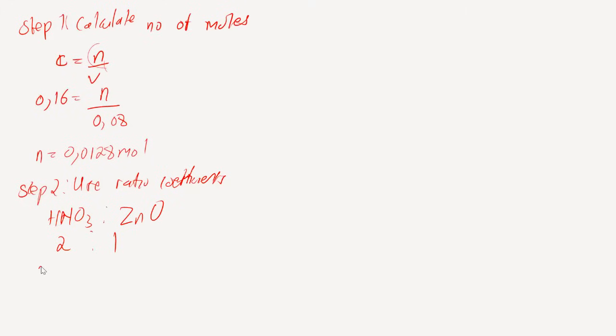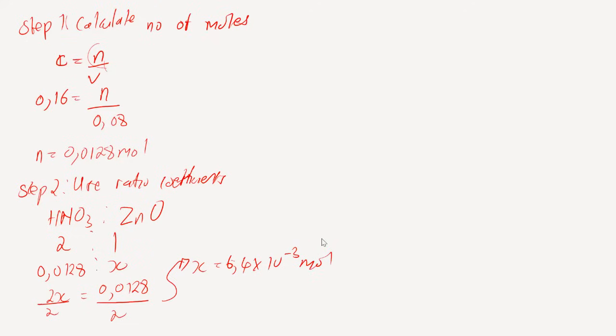The number of moles for nitric acid is 0.0128, and we have X for zinc oxide. If we cross multiply, 2X equals 0.0128. Then we divide both sides by 2, so X becomes 6.4 times 10 to the exponent of -3 mol. So we have our number of moles like that.